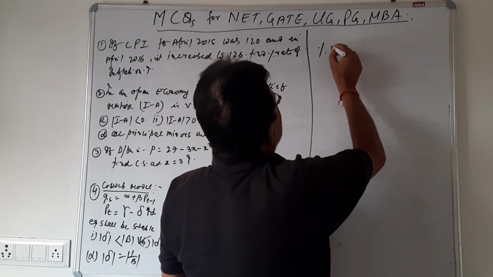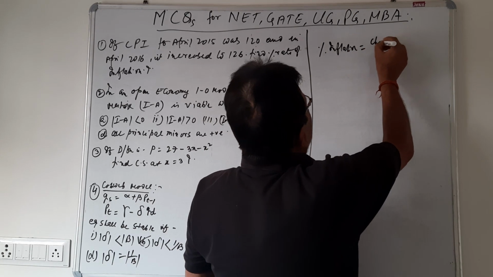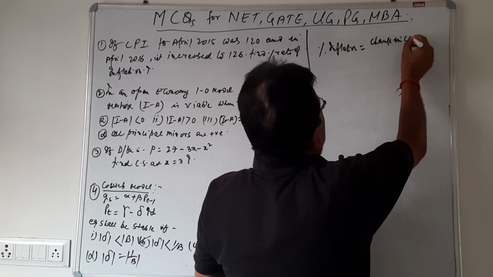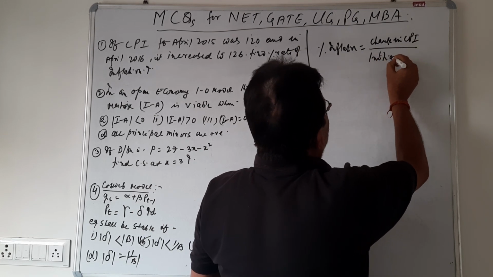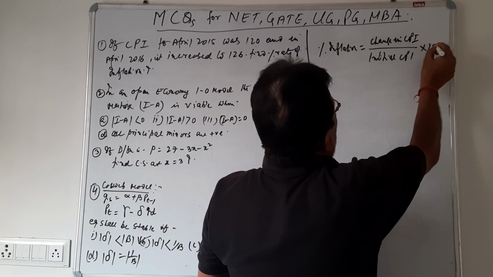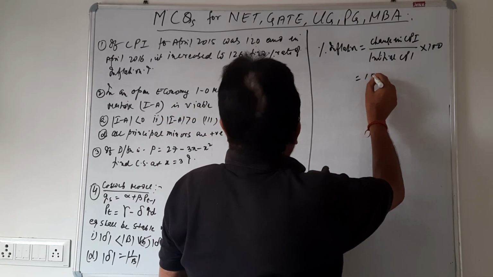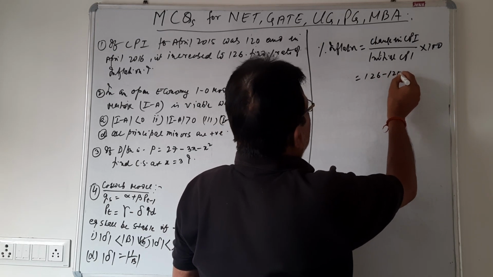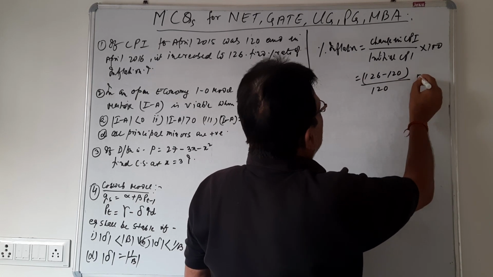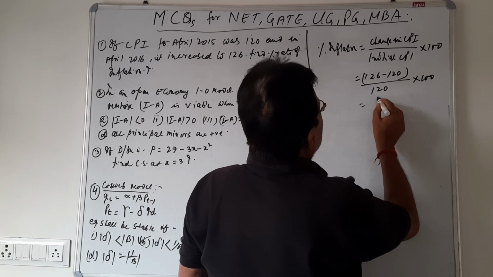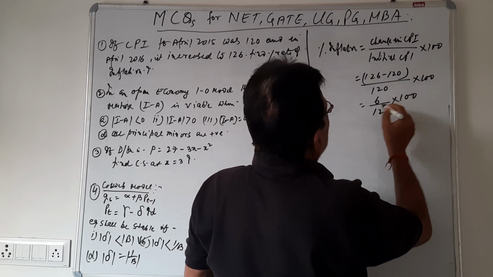The percentage rate of inflation is the change in CPI, consumer price index, divided by the initial CPI, into 100. From 120 to 126, so 126 minus 120 is the change in CPI, divided by the initial CPI, into 100. So 6 by 120 into 100.